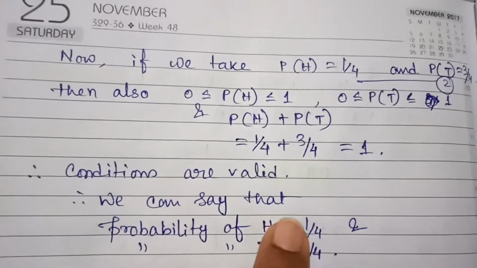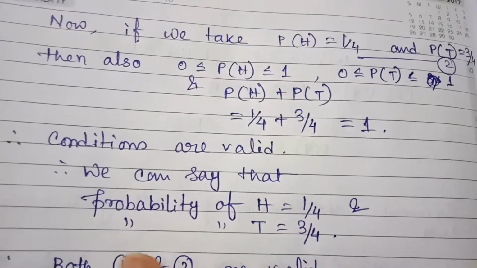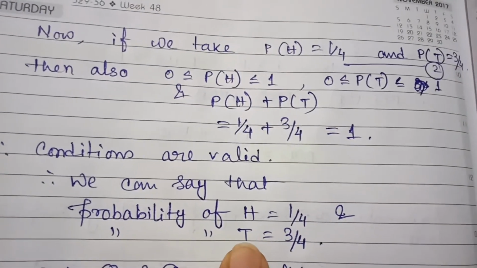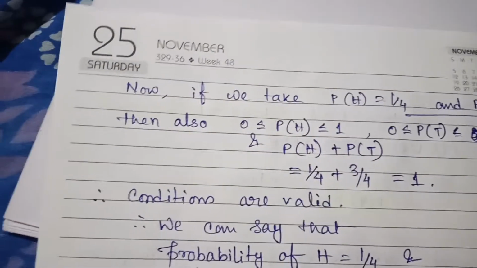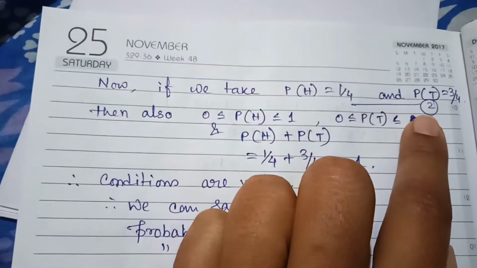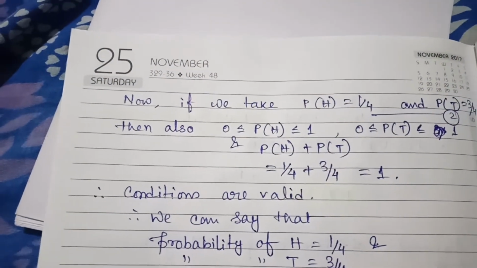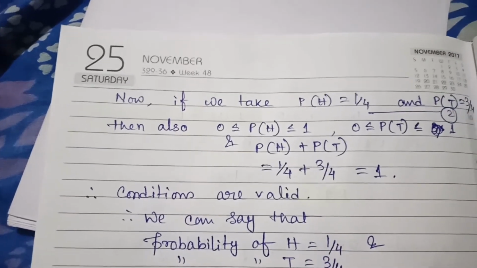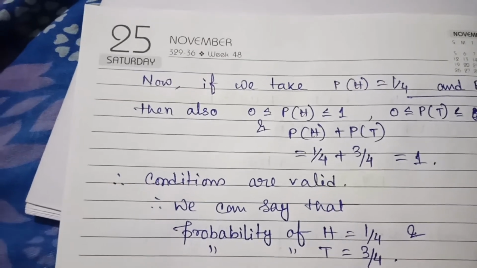That means we can say that probability of H equals 1 by 4 and probability of T equals 3 by 4. So both assignments 1 and 2 are valid assignments for probabilities.